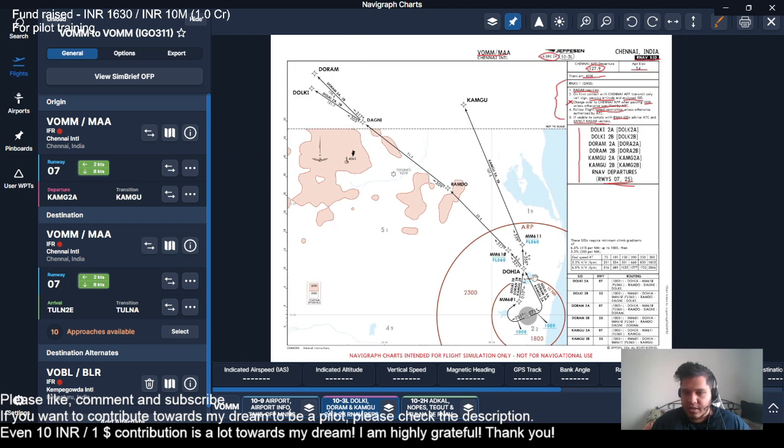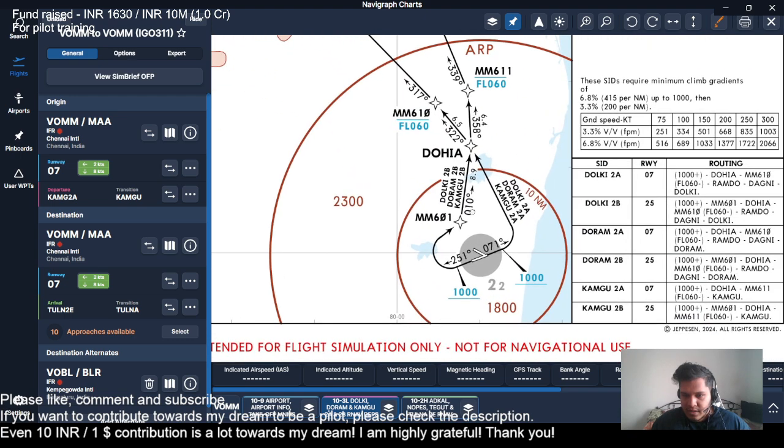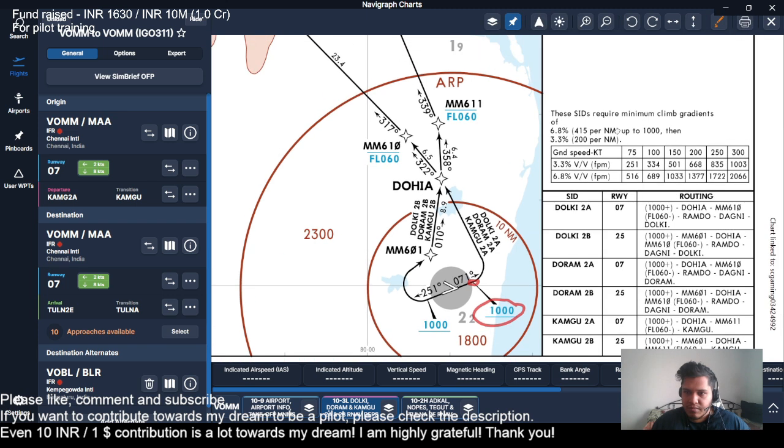Okay, now how to read this? See, after departure, your first 1000 feet should be here at this point. Okay, now you can see there are some rules here.